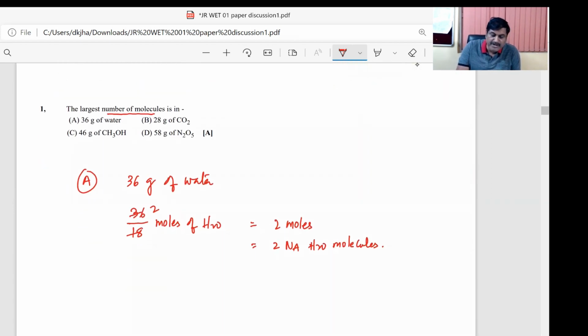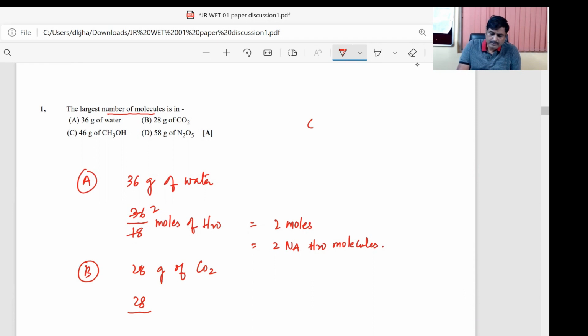Next, given 28 gram of CO2, the number of moles we can find. How do we find it here? 28 divided by the molecular weight of CO2.